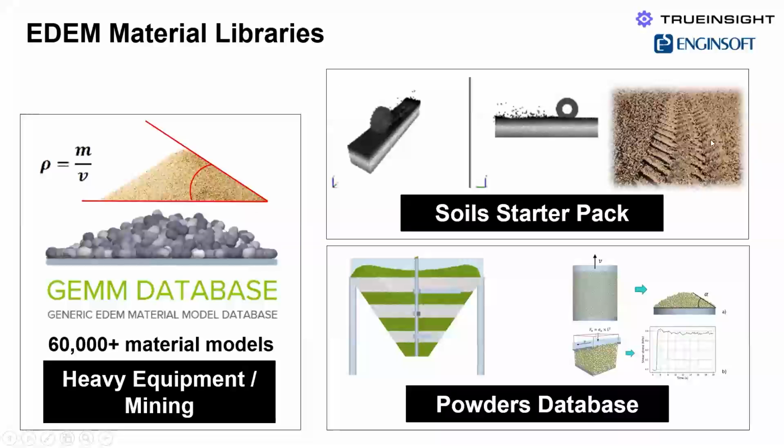And so there are specific particles set up for soils and also for powders. And so it's not just the shape of the particles, but also parameters involving the friction and the cohesion between the particles. All of those things can and should be adjusted in order to have accurate material that will truly predict the behavior of the system.